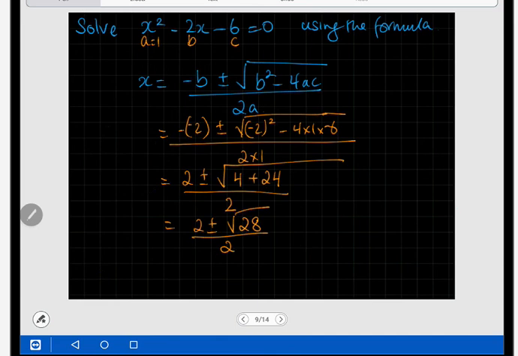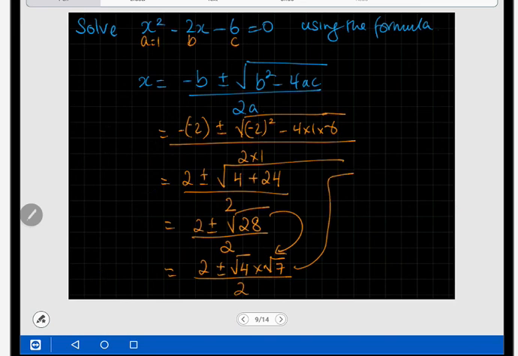Okay, and I can write it like this. 2 plus or minus, expansion of square root. Let me show this to you. This, I can rewrite it like square root of 4 times square root of 7, right? The whole lot divided by 2.